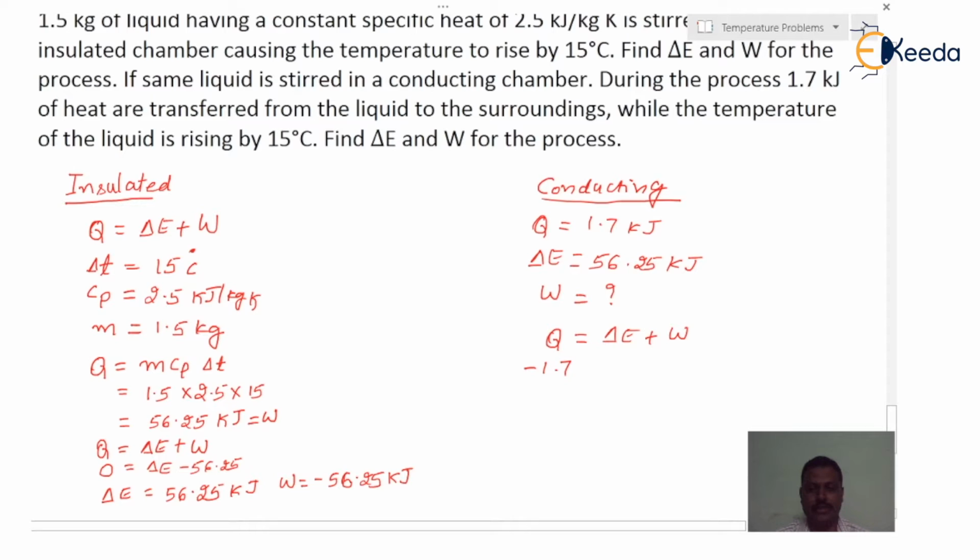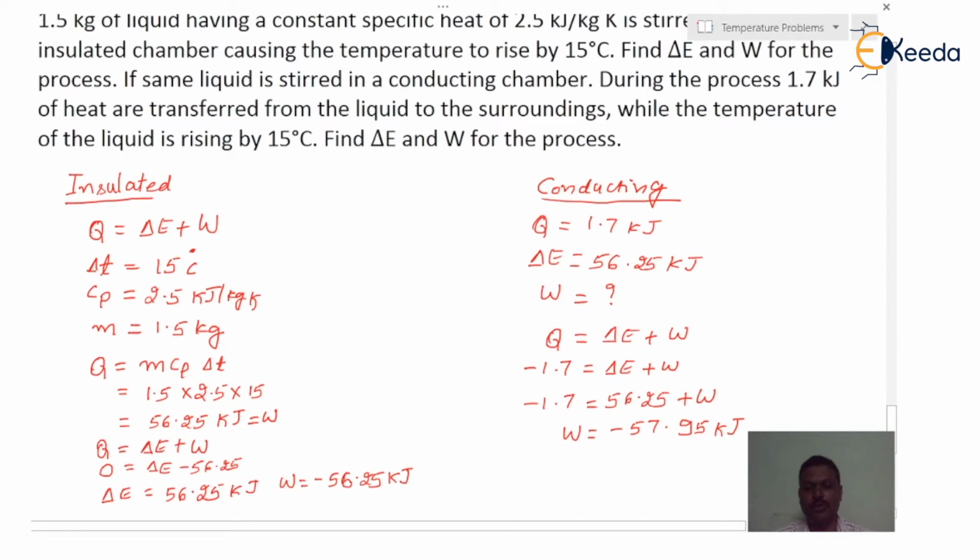We have taken the negative sign because heat is rejected from the fluid, that is the system. So minus 1.7 equals delta E, which is 56.25, plus W. The value of W is equal to minus 57.95 kilojoules.